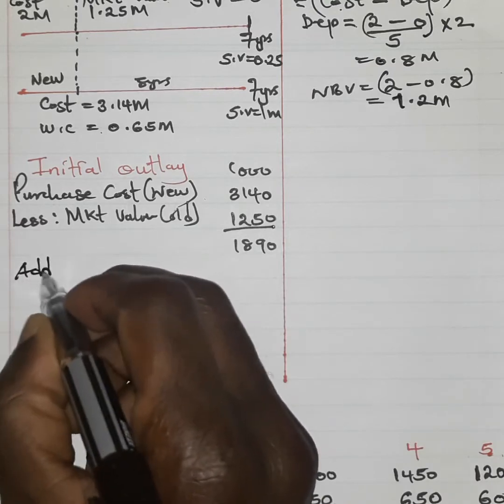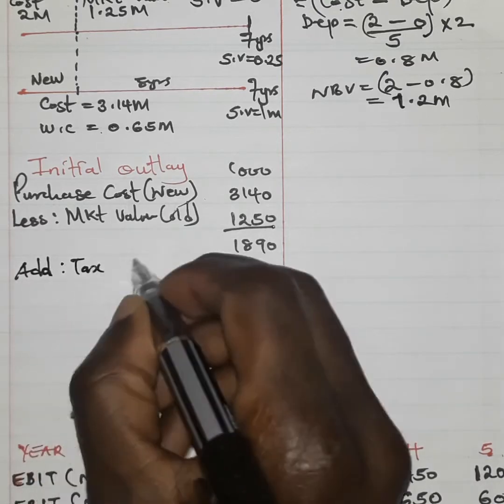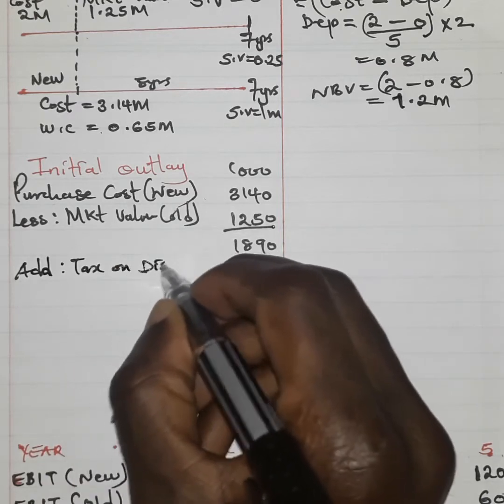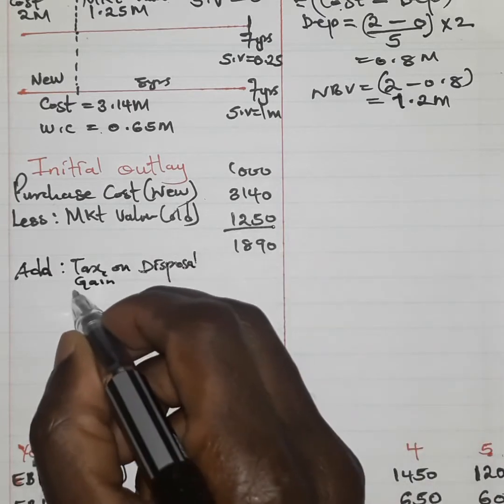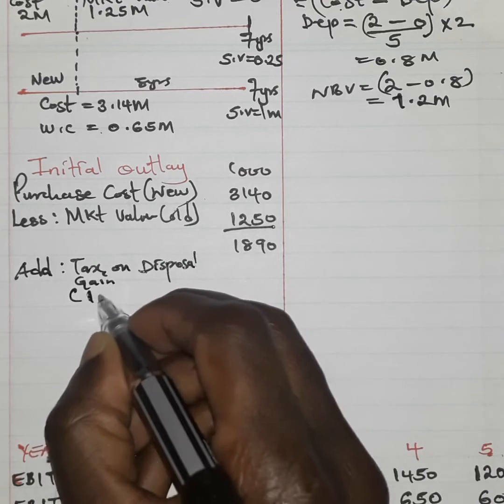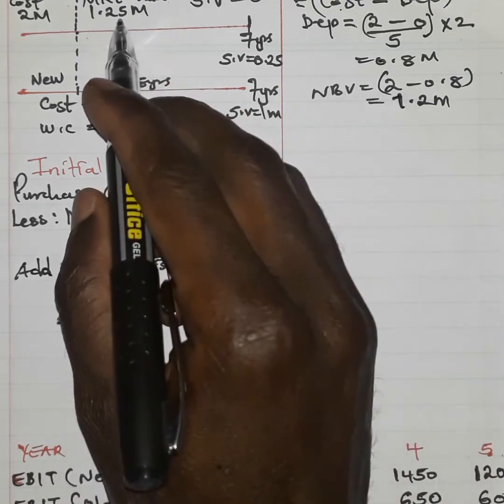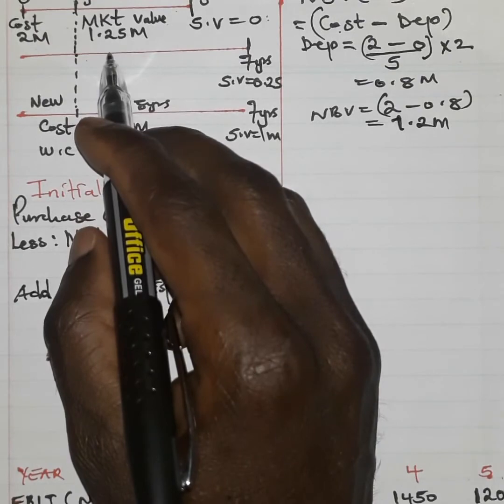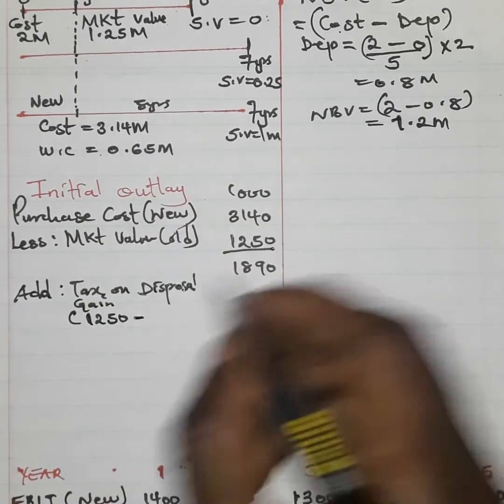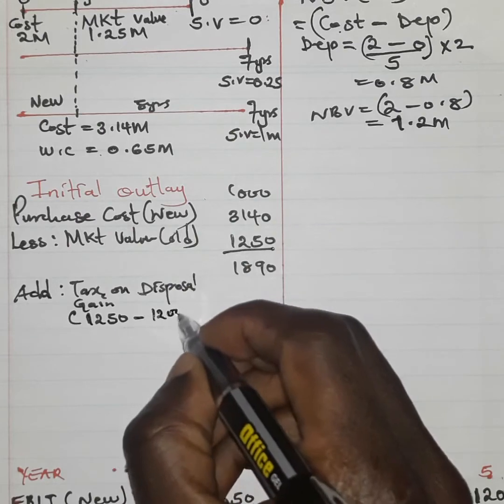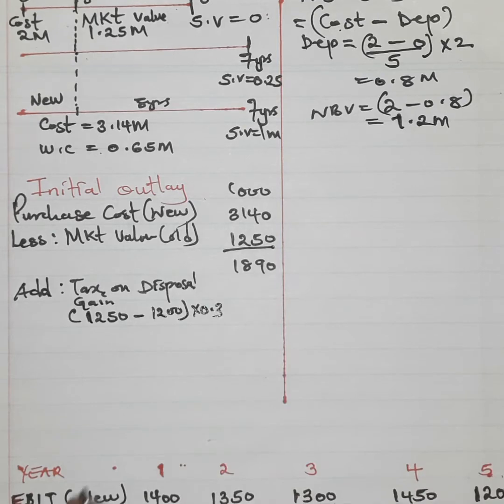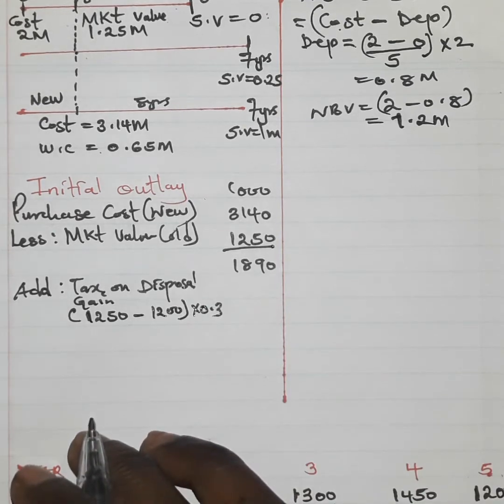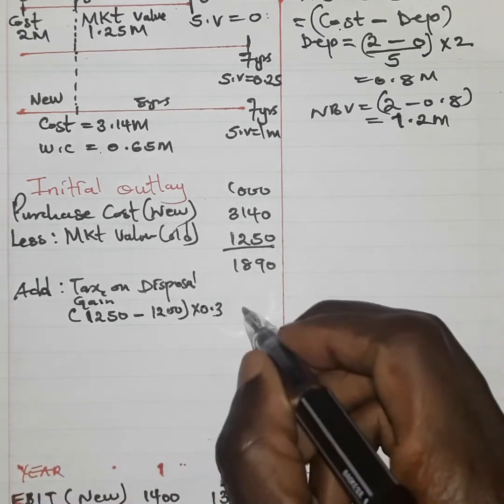So when you add the tax on disposal gain, because it was sold at a gain, and the gain essentially is 1250 in terms of thousands, the price at which it was sold, minus 1200, times the tax, which you are told to be 30%, which is 0.3, we get a tax amount of 1500.